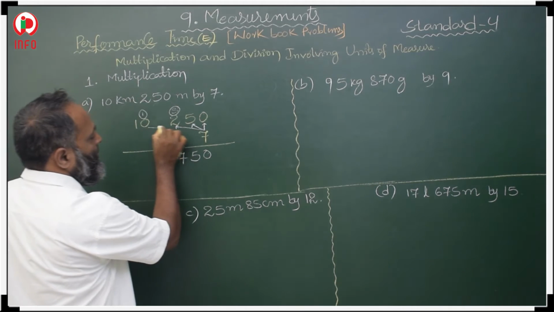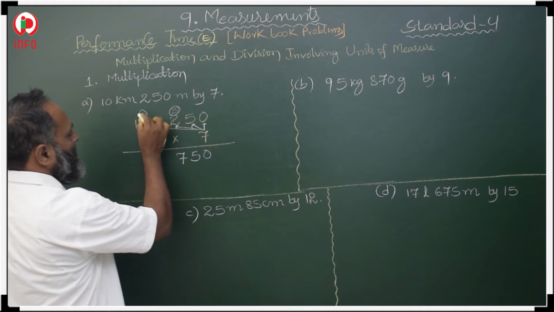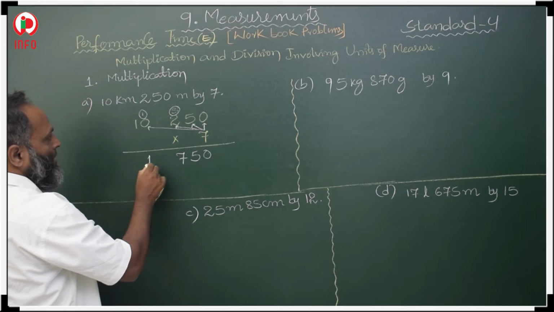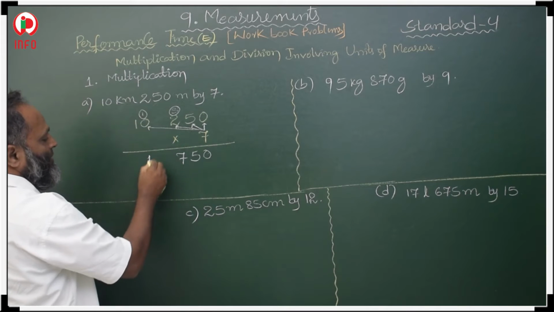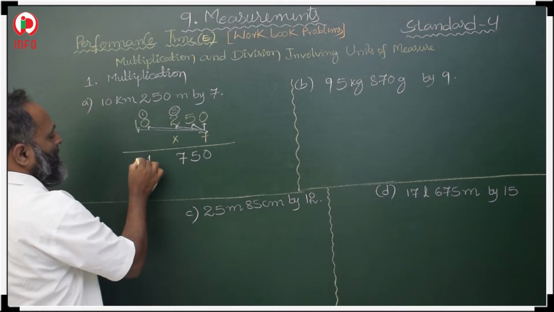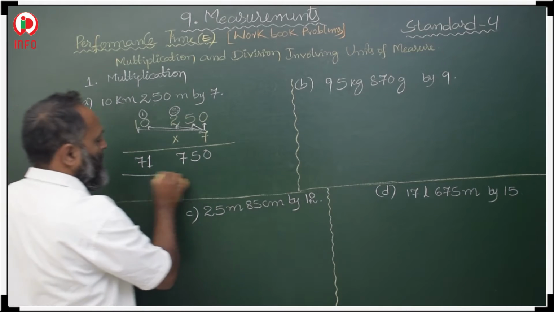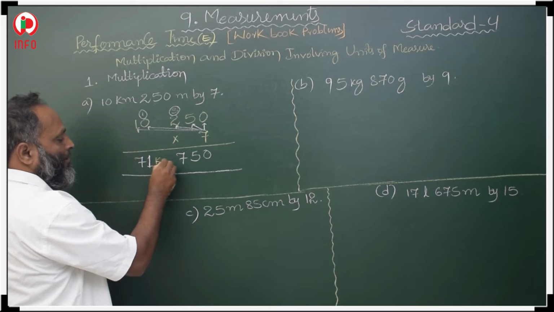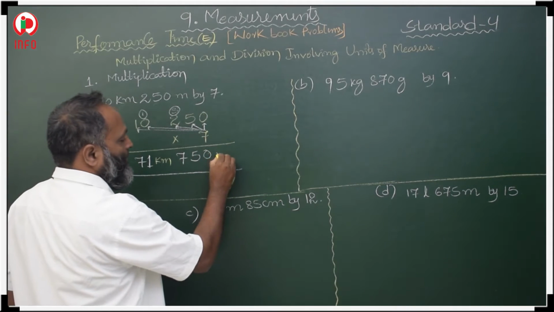Now 7 zeros are 0, 0 plus 1 is 1. So that you take in kilometers place. 7 ones are 7. 1 sevens are 7. So it is 71 kilometers 750 meters.